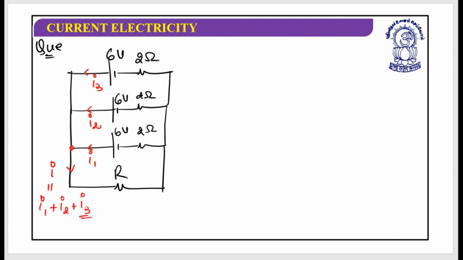The current passing through each cell is different, so I came to know that all cells are connected in parallel. Now find E equivalent and R equivalent of the given diagram.